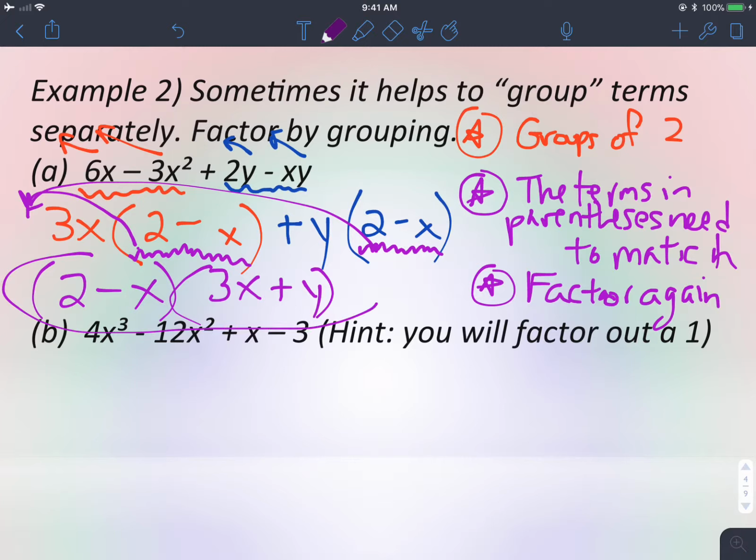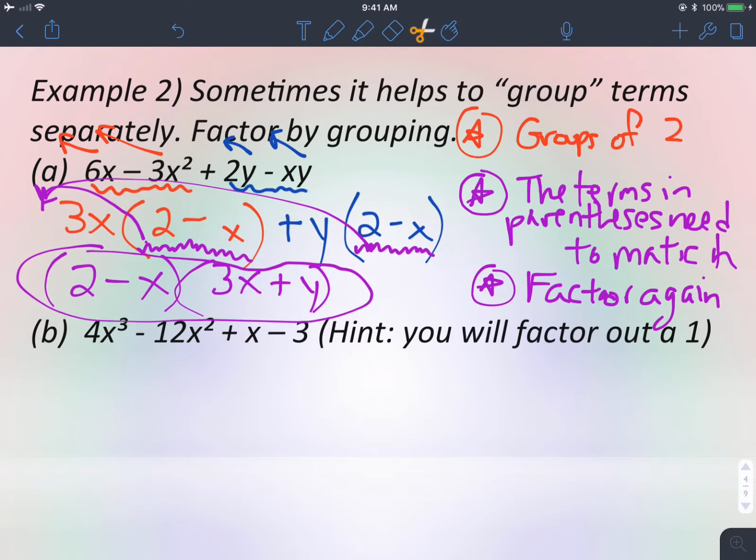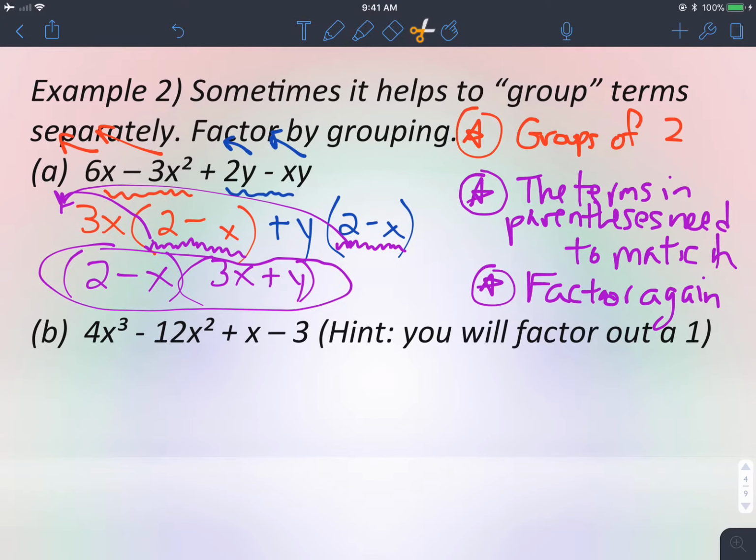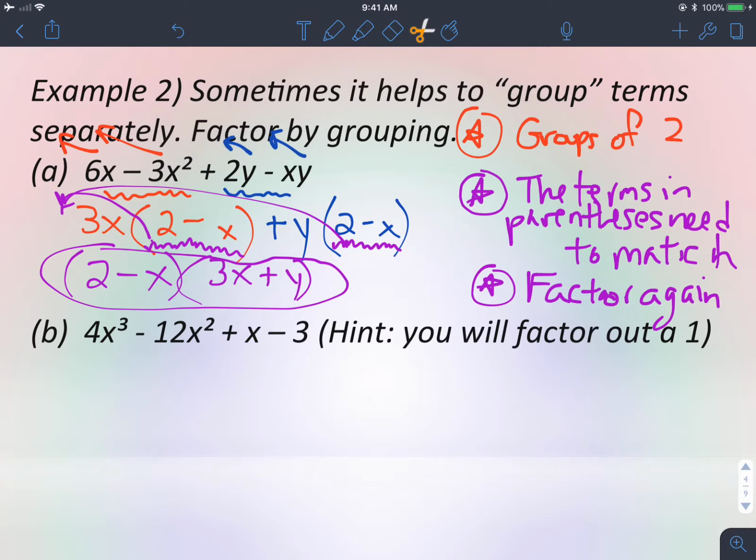Okay, that is my answer right there: 2 minus x and 3x plus y. The trick of it is you're going to factor twice, right? 2 levels of factoring. I don't know how you want to put it.